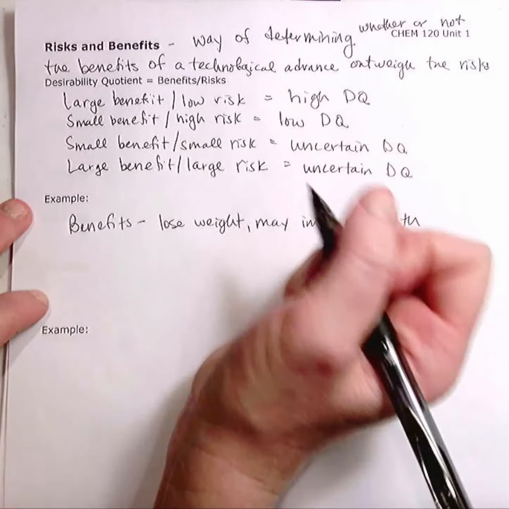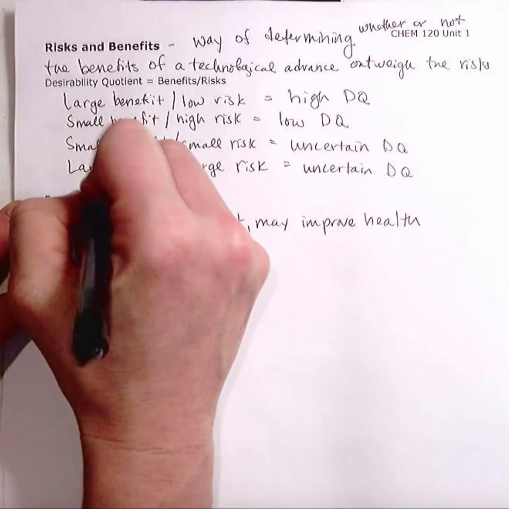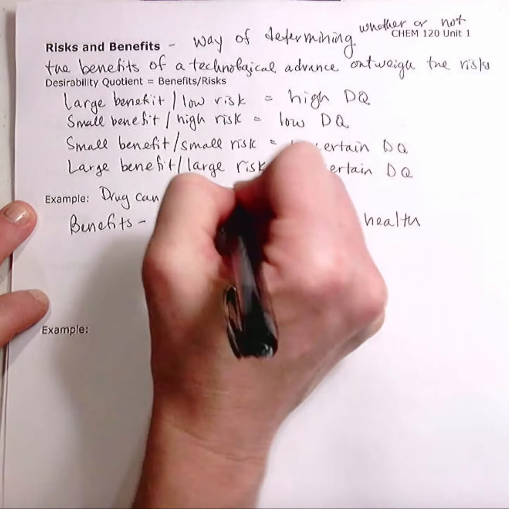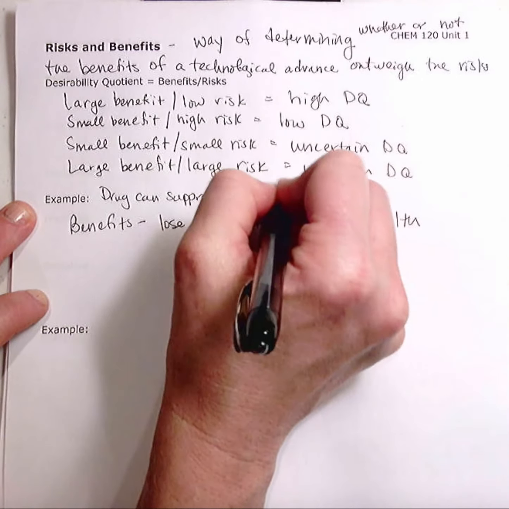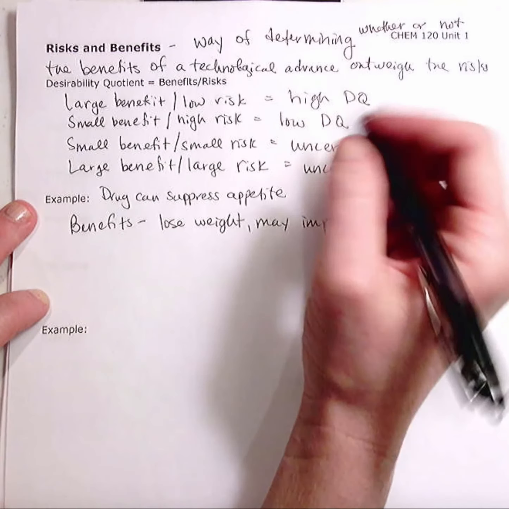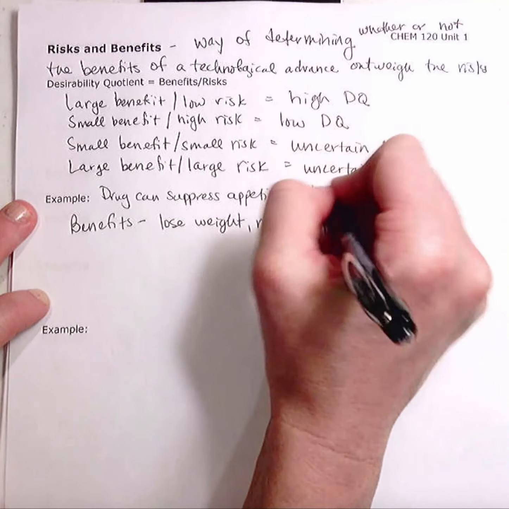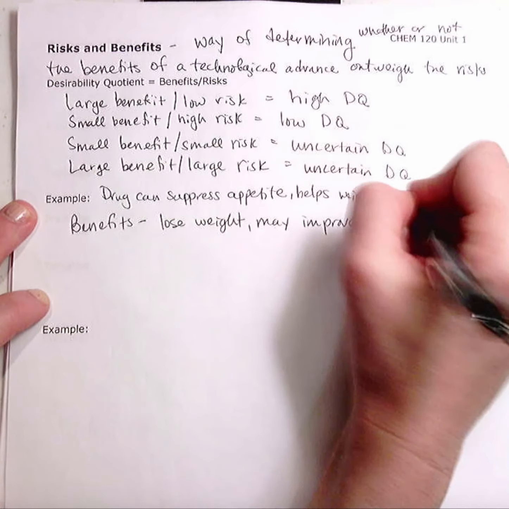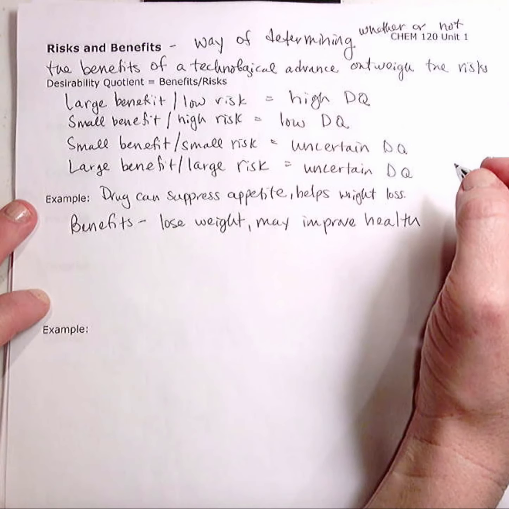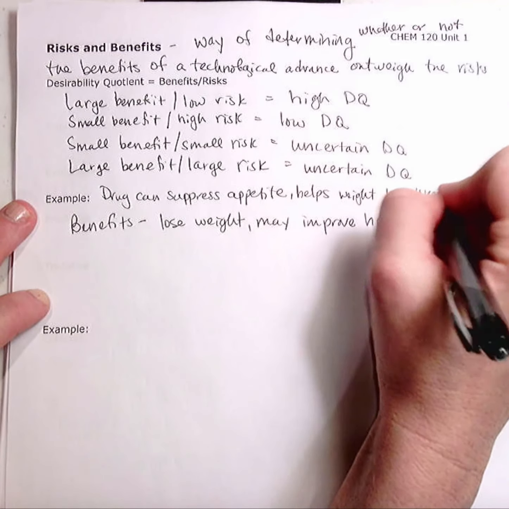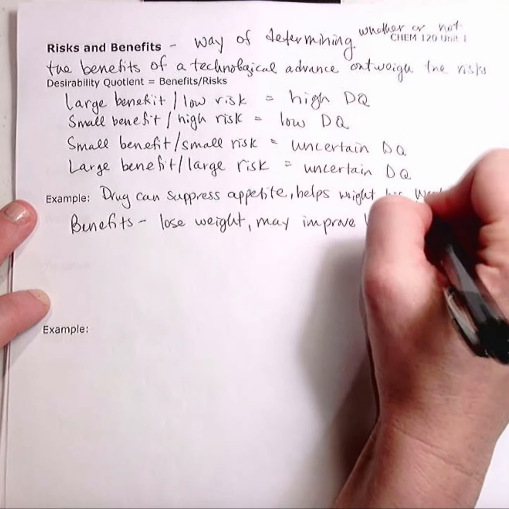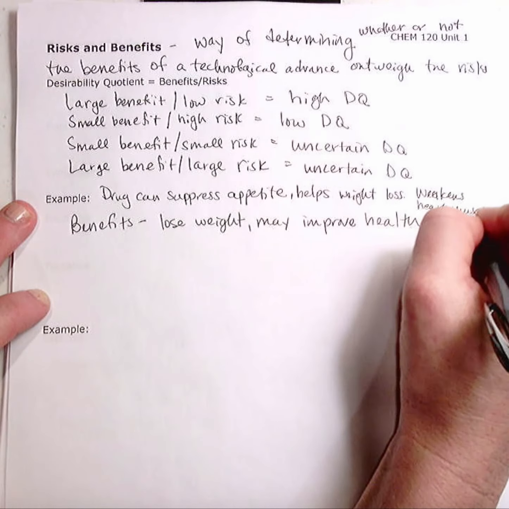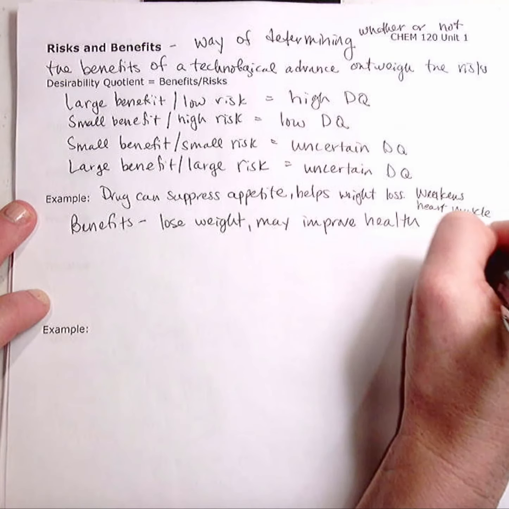Then let me write out this example. Drug can suppress appetite. Weight loss. Weakens heart muscle, leading to heart attack.